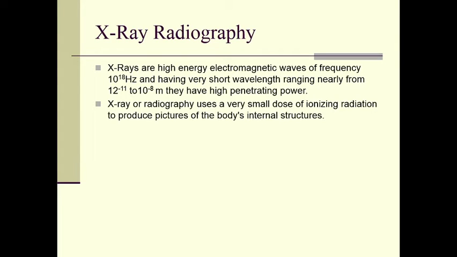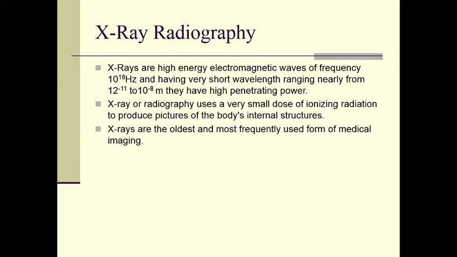X-ray radiography uses a very small dose of ionizing radiation to produce pictures of the body's internal structures. X-rays are the oldest and most frequently used form of medical imaging. So it is used in medical imaging techniques.